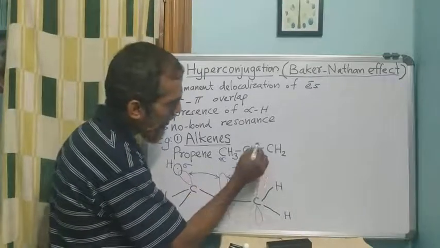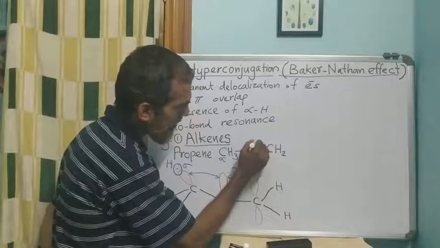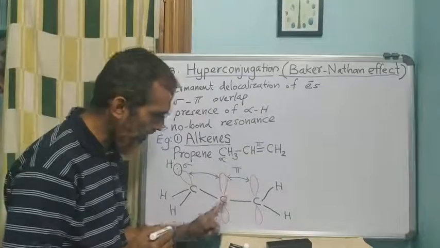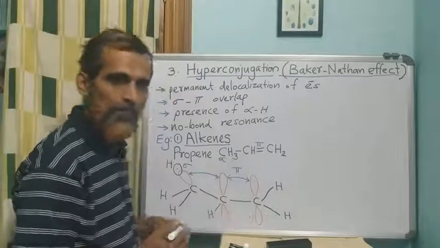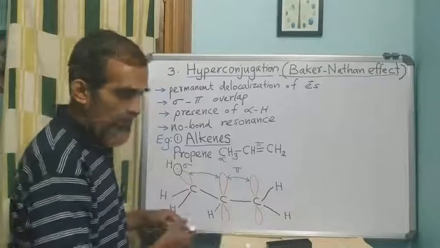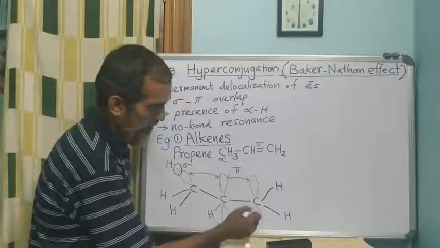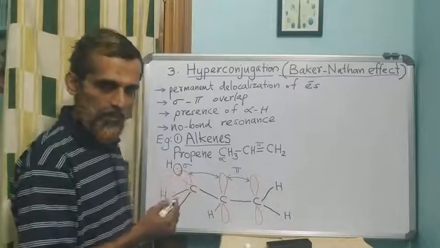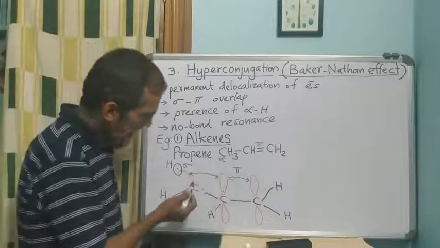Now this pi bond is formed by the lateral overlapping of these two p orbitals, right? So this is a pi bond. We have shown the pi bond with the orbitals. So these are the pi orbitals you can call. Then the CH3 is here.